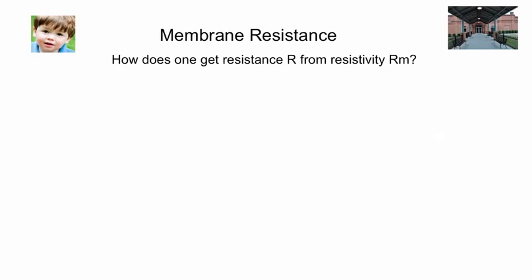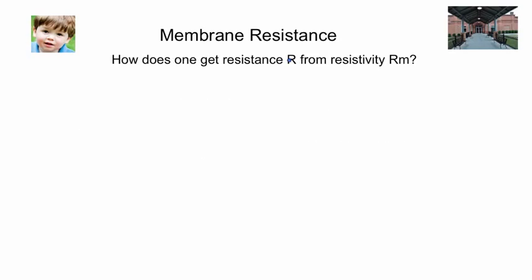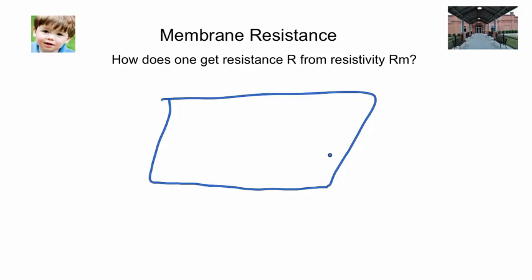So let's say we've done that. We know the resistivity Rm. How do we actually get the resistance R? Here's a surface. We know the value of Rm. We want to know the value of R. So we would find R as equal to Rm divided by the area of the surface.